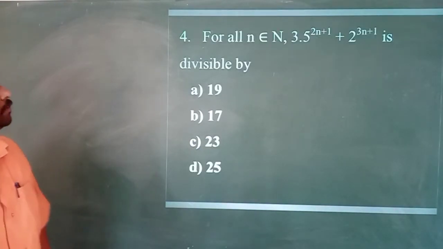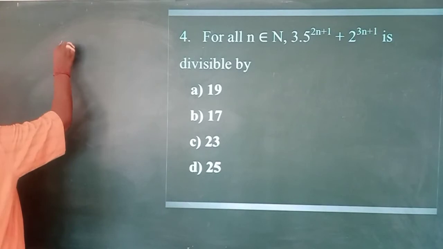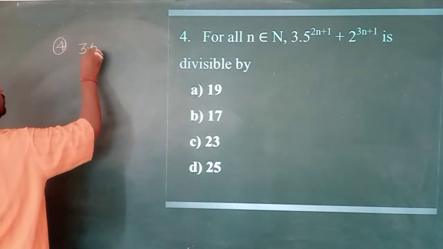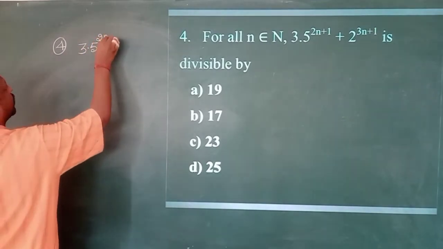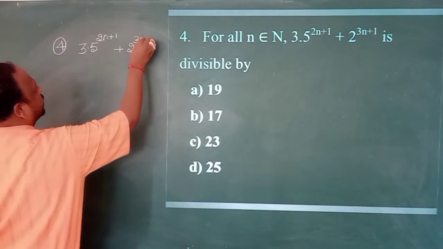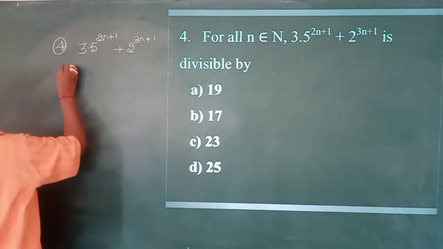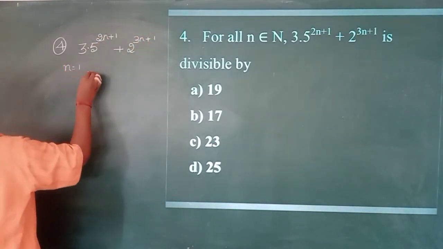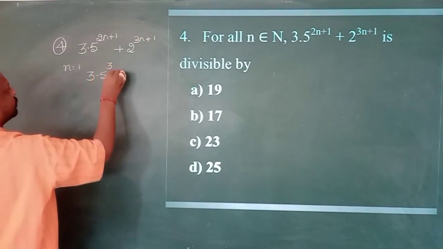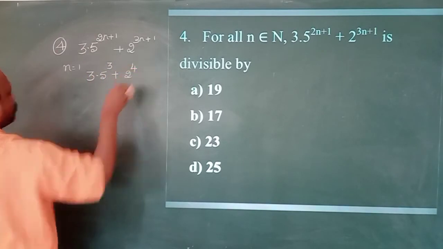Next one. Similarly for fourth one, 3 into 5 to the power of 2n plus 1 plus 2 into 3 power n plus 1. Let us take n is equal to 1. So this will be 3 into 5 cube plus 2 to the power of 4.